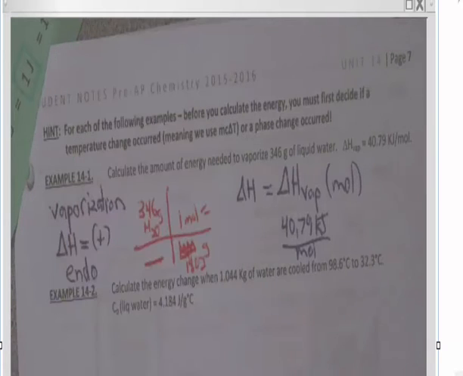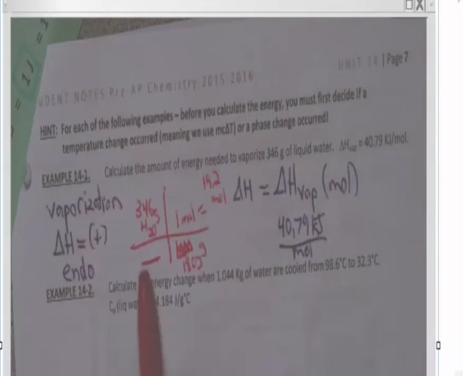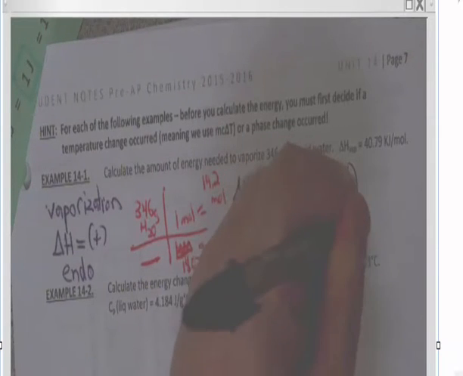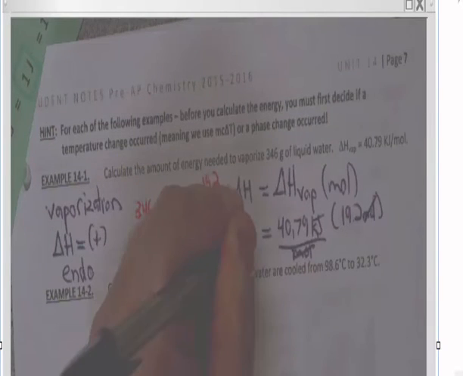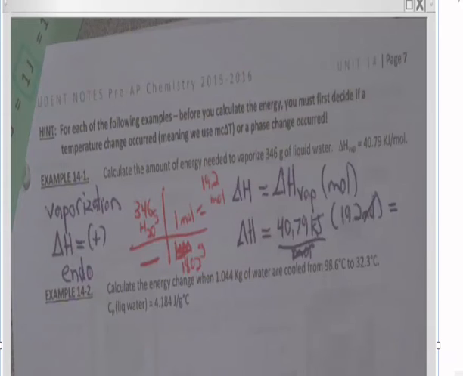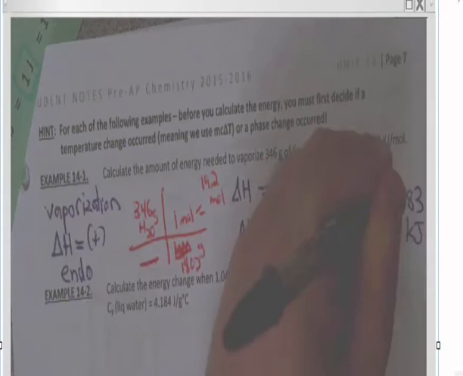You solve that and I get 19.2 moles. I plug in 19.2 moles here. Moles cancel, leaving me with kJ. And delta H is equal to 783 kilojoules. That is my final answer on that one.